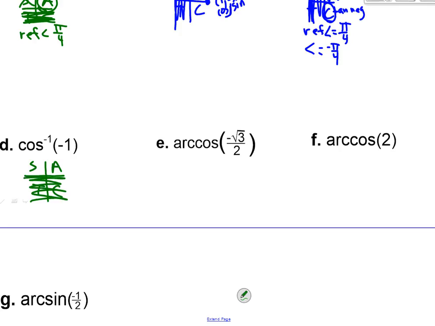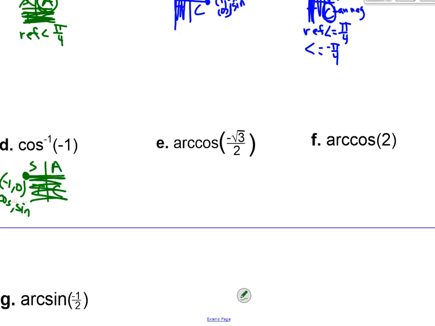S and A. And when is cosine equal to 1? At 0, and we know at 0 it would be positive 1. So you might think about the fact that it's going to be over here at this other boundary, and so that point is (-1, 0), and those are always in the order cosine, sine.